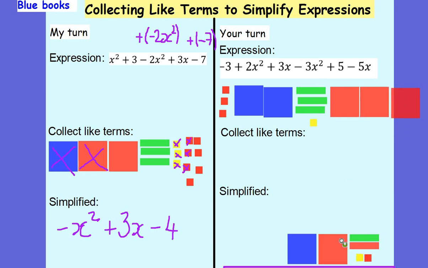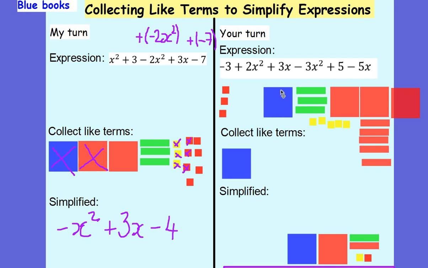I'm then adding on positive 5. So that's 5 yellow squares. And then I've got negative 5x, so I need 5 red rectangles. There they are.